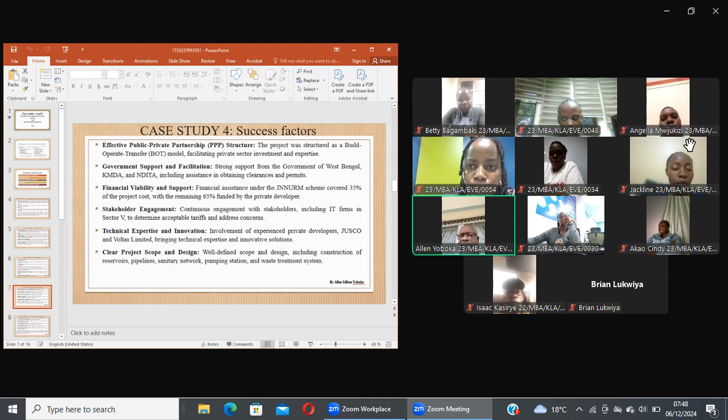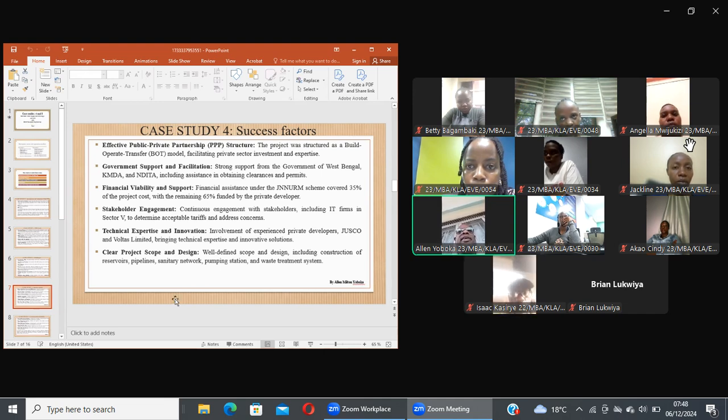On top of that, there was sufficient government support, and this arose in the form of key concessions. These concessions were mainly free land, which was provided, and subsidies, which were also instrumental in making the project financially viable.